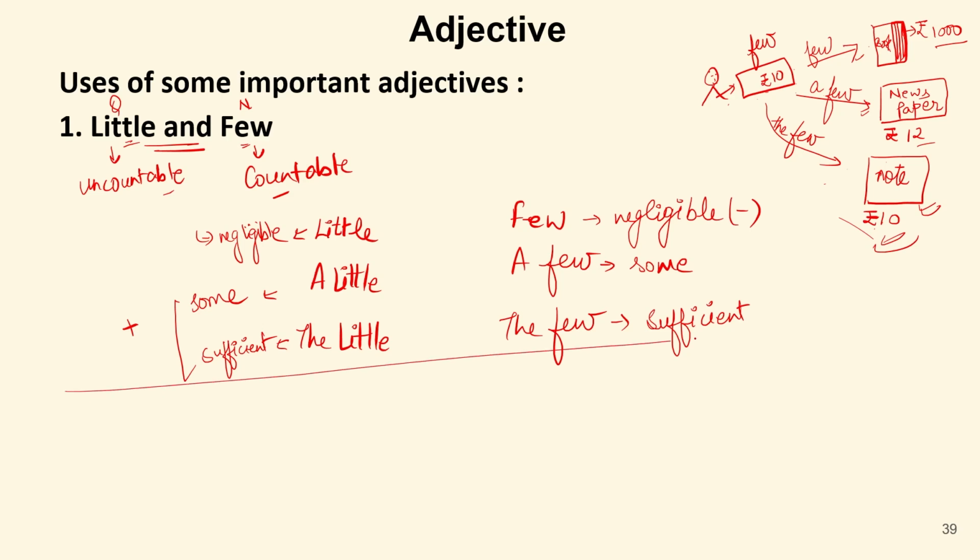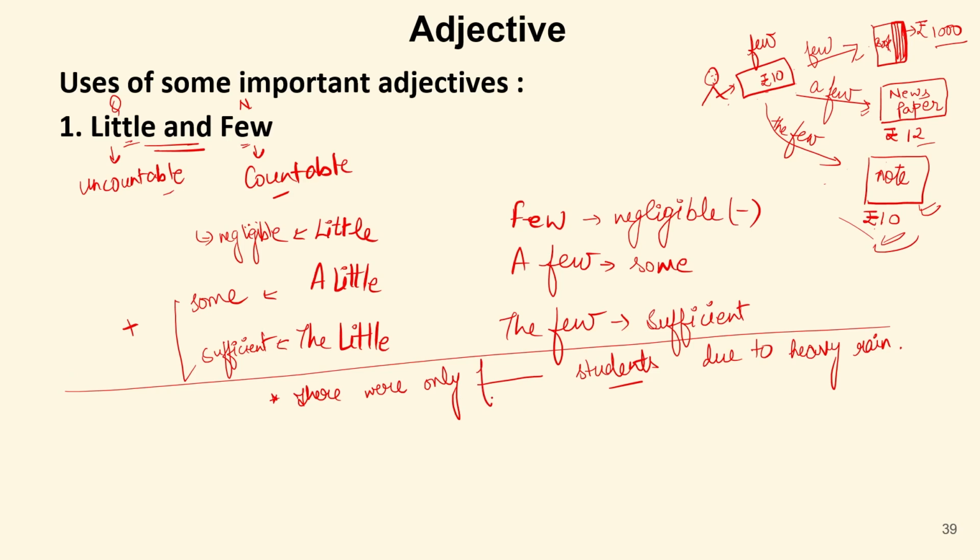Now let's take some examples. There were only few students due to heavy rain. So students, there were only few students.